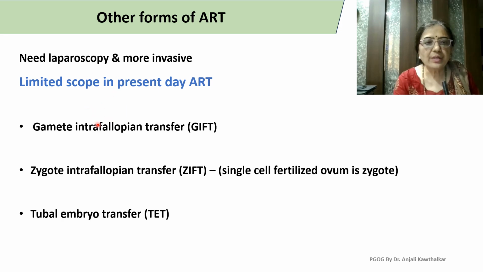The techniques which were tried were gamete intrafallopian transfer, zygote intrafallopian transfer, where a single cell fertilized ovum was transferred into the fallopian tube, and tubal embryo transfer. All these are less commonly used techniques now, and mostly whenever we say ART, it is almost always now synonymous with IVF, in vitro fertilization.